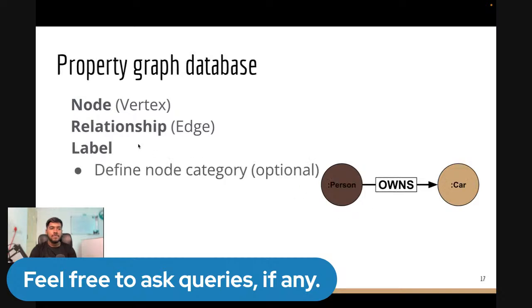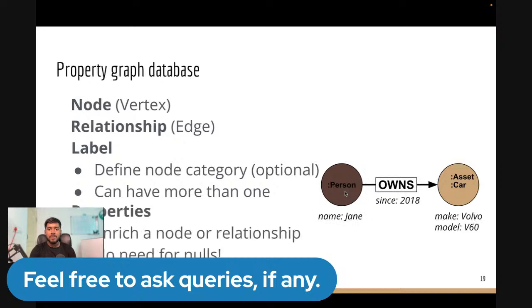Next, we have labels, and you have relationships, but labels are not always necessary. Defining a node is optional, you don't have to define what it is. And we can have more than one label also, say a person or an asset or a car. You can add multiple of them.